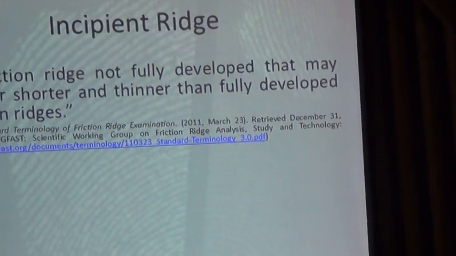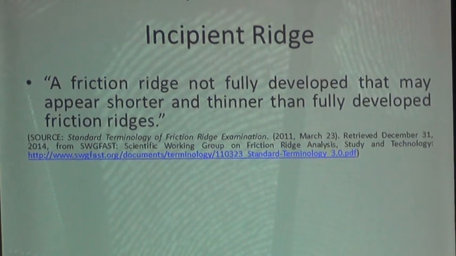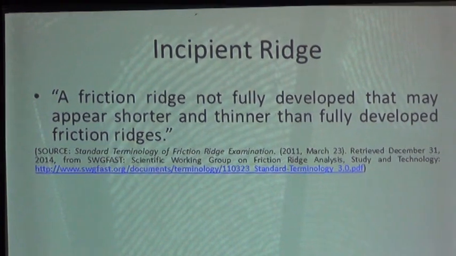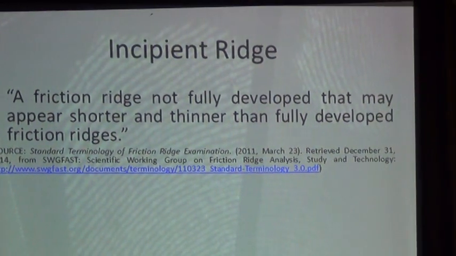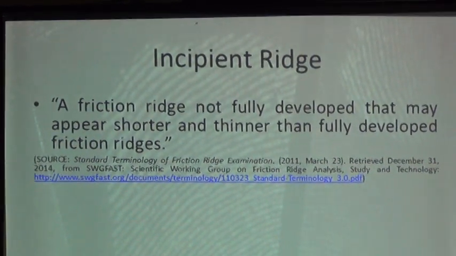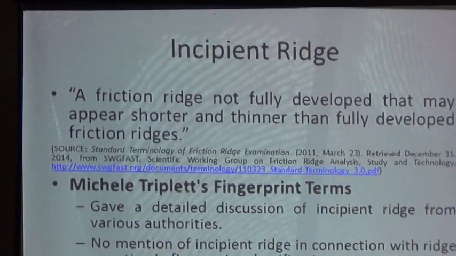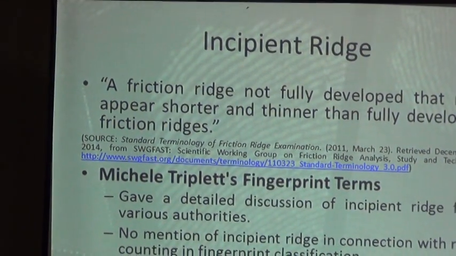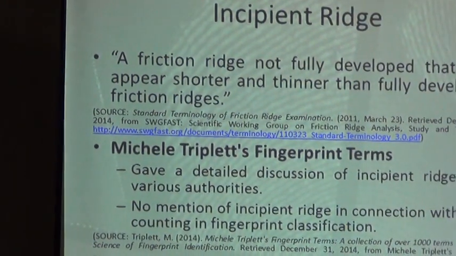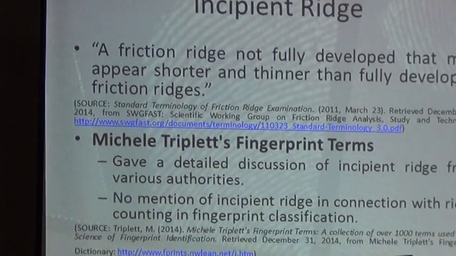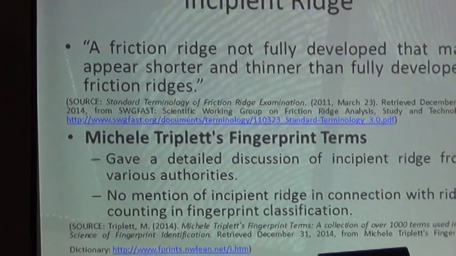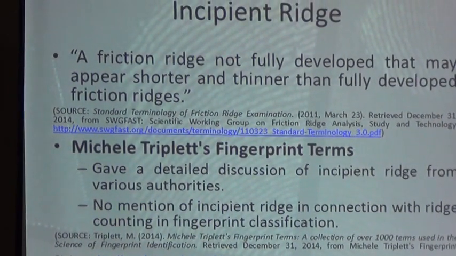From the definition of the SWGFAST, standard terminology of friction ridge examination: a friction ridge not fully developed that may appear shorter and thinner than fully developed friction ridges. At this point, I'd like to point out that in the classification, I think there is no occasion yet to be very precise as to whether it is an incipient ridge or simply a fragment, a product of dirt whatsoever.